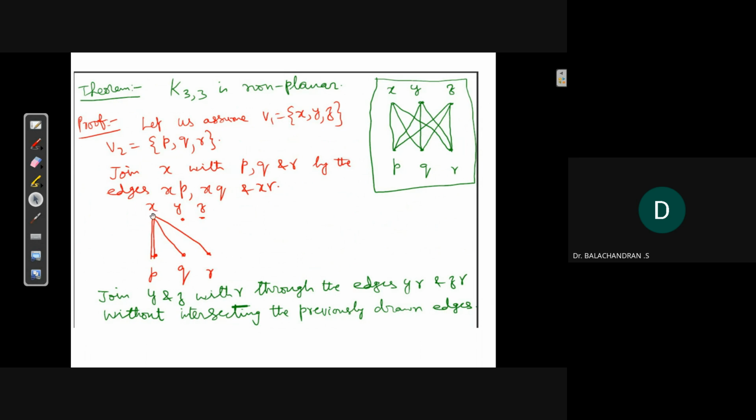Now first I'll put dots like this. First I will join X with P, Q, R. Now I don't have any problem. Next, join Y and Z with R. You can see in the next diagram.